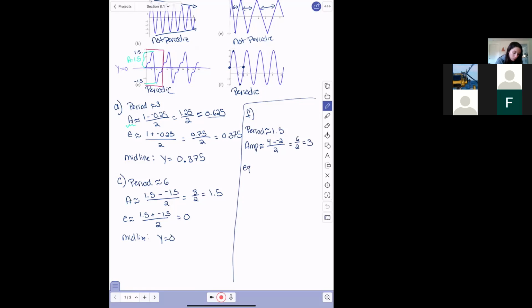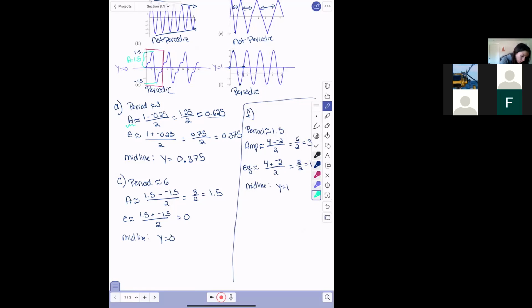Our equilibrium is 4, our max, plus our min, which is negative 2, divided by 2, which is 2 divided by 2, which is 1. So our midline is the line y equals 1. So again, our midline is here, y equals 1.